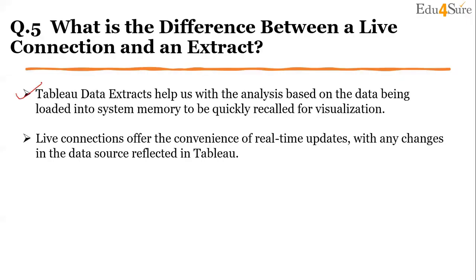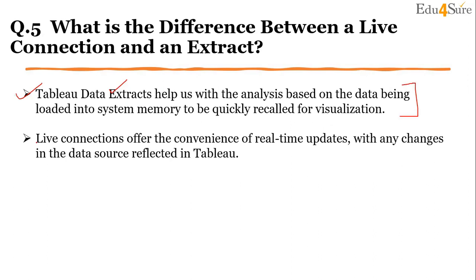Tableau data extracts help us with the analysis based on the data being loaded into the system memory to be quickly recalled for visualization. So whatever data you have imported, all the analysis will be done totally on the basis of that. For example, I imported the data from the Excel sheet, right? And if we are taking extract, it will only do the analysis with the data which has been imported in Tableau.